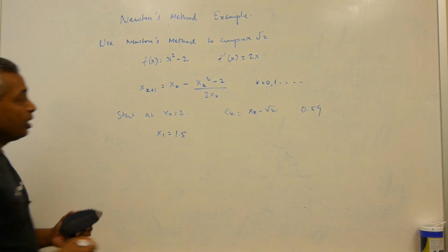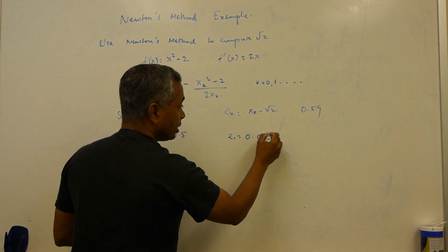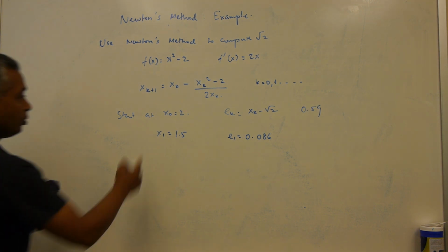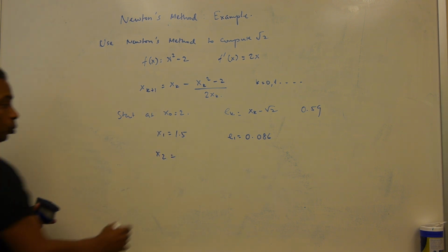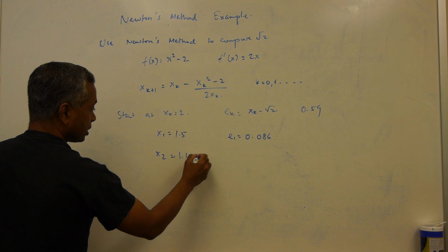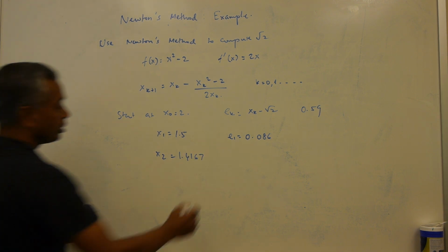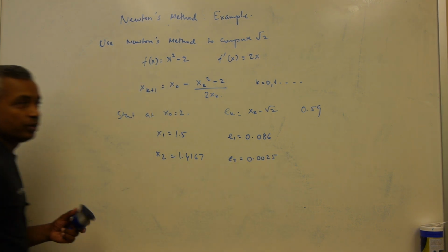Okay, and the error here is 0.086. Okay, now plug this back in again. You get x2 is equal to 1.4167, and the error is 0.0025.